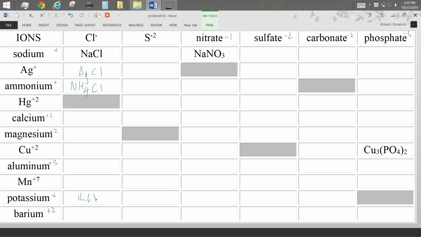So what is it going to look like for sodium with the sulfide? Na2S. So the sodium's got a +1, so I need two of them to cancel out the sulfide charge. So what's the one below it, the silver sulfide, going to look like? And the ammonium?